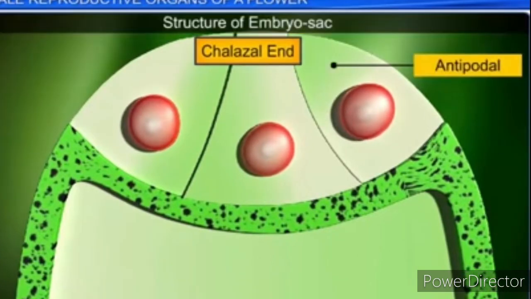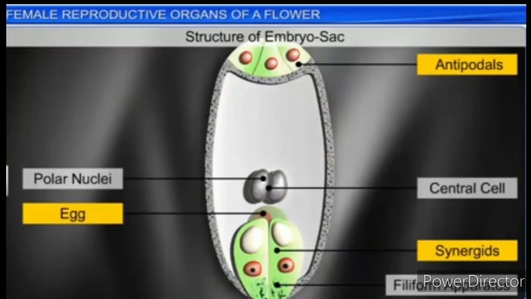Next, 3 nuclei in the micropylar region are surrounded by a cell wall and organized into a 3-celled egg apparatus. Of these 3 cells, 2 are synergids and 1 is the egg cell. See that, 3 cells in the chalazal region and 3 cells in the micropylar region. Then 2 nuclei remain, one from each pole.